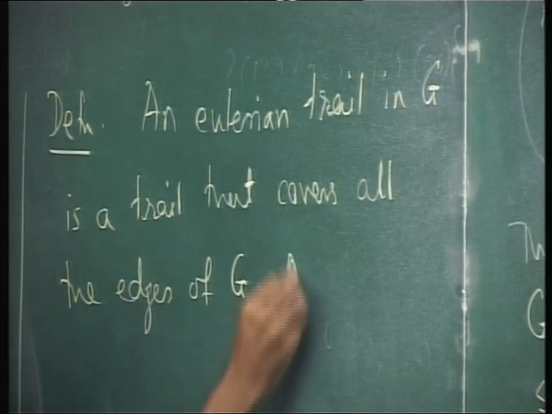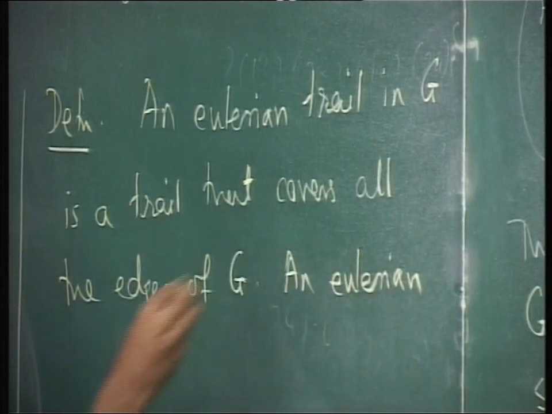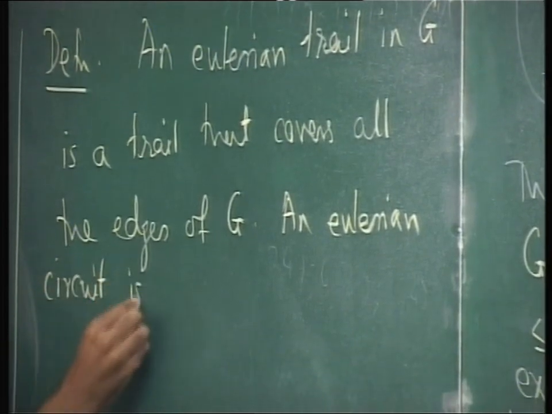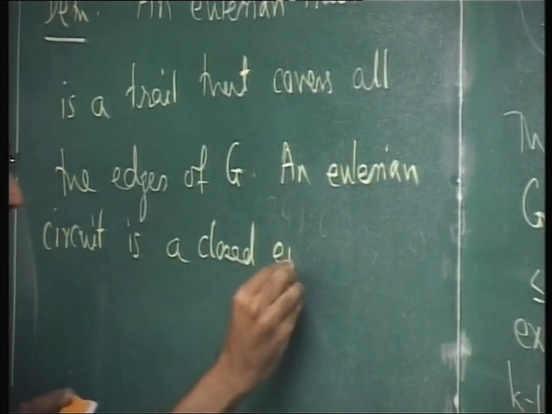An Eulerian circuit is a closed Eulerian trail.